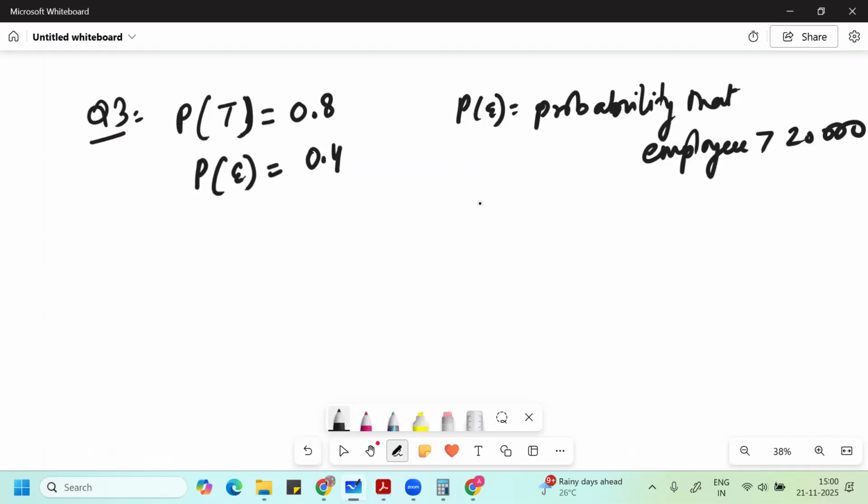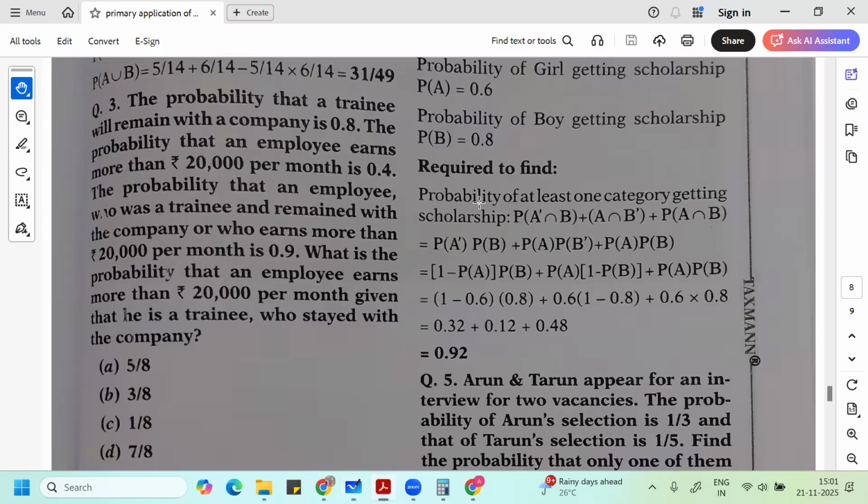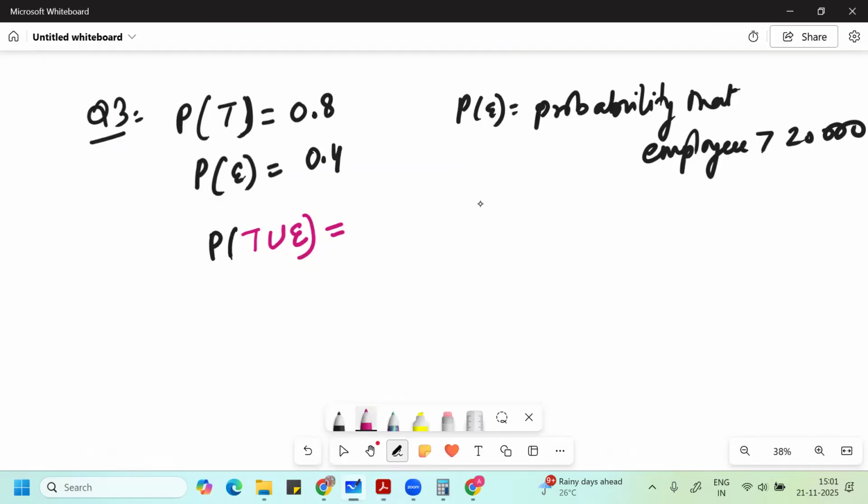So probability of E union T means the trainee remains with the company or earns more than 20,000 rupees. This is given as 0.9.